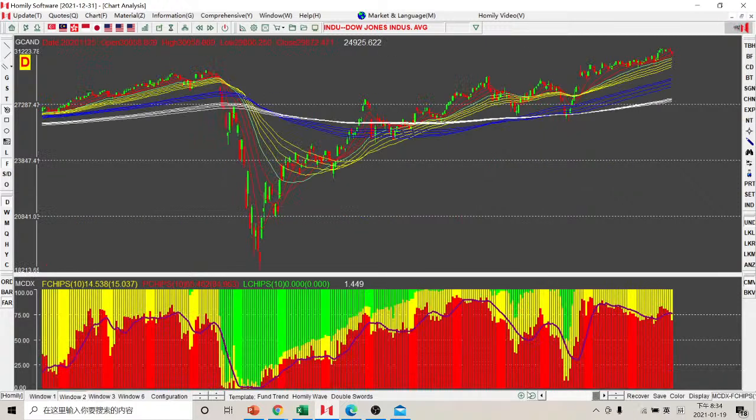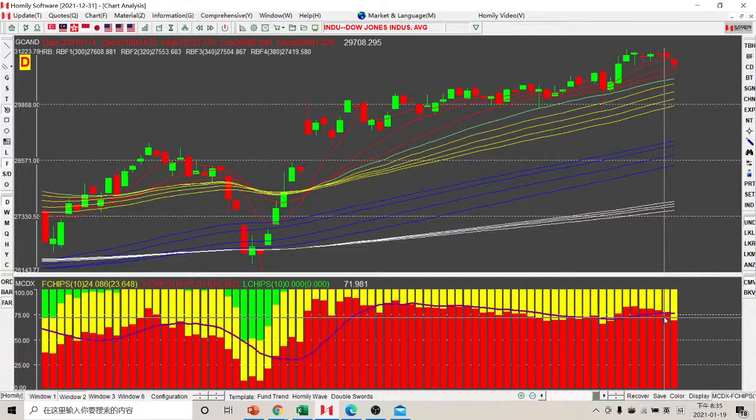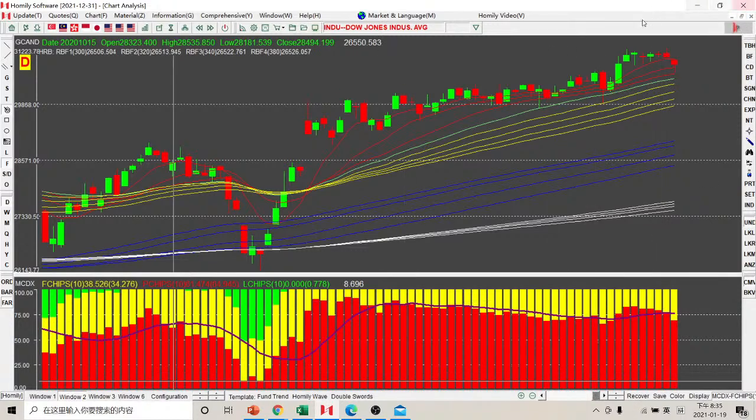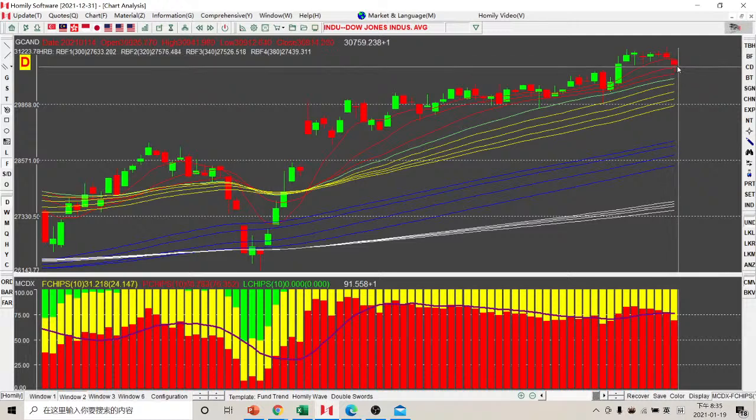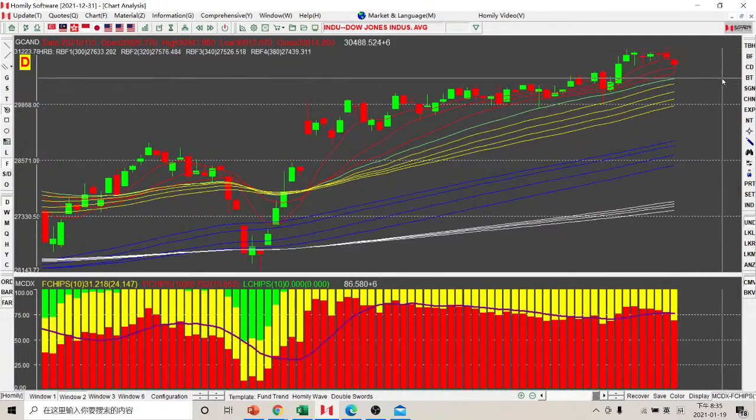From the chart we see the red bar broke down the purple line on January 14, and for 2 days the red bar has continued to get smaller, which means the big money is flowing out a bit. That's the reason why in the last 2 days the price has had some pullback, but still above the green line, above the green line we still have life.